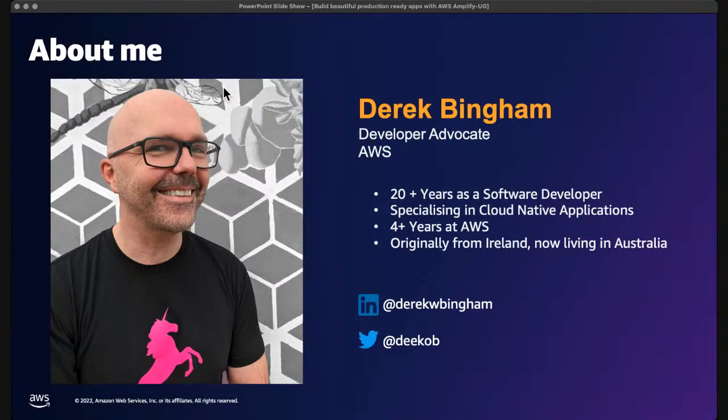And for the last 4 years, I've been working at AWS. So at AWS at the minute, I am a developer advocate. Originally from Ireland, I now live in Perth, which is in Western Australia. You can reach out to me at LinkedIn there or on Twitter as well.